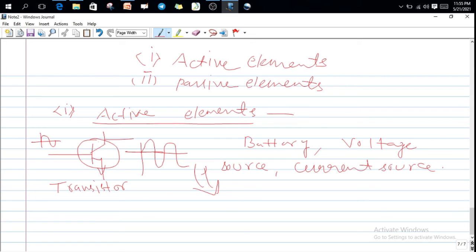You could see the transistor, and the op-amp, operational amplifier. In that one also, our value is going to increase. Okay guys, that is called the active elements.